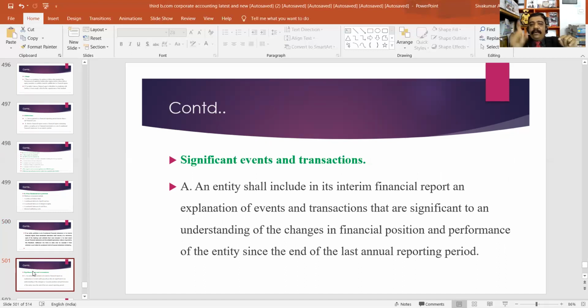That means you have to report significant events and transactions since the end of the last annual reporting period, that is, since March 31 of the year. The reporting period starts on April 1 and ends on March 31. So the end of the last annual reporting period means March 31. Then you have to report significant events and transactions from March 31 to the date of your interim period.